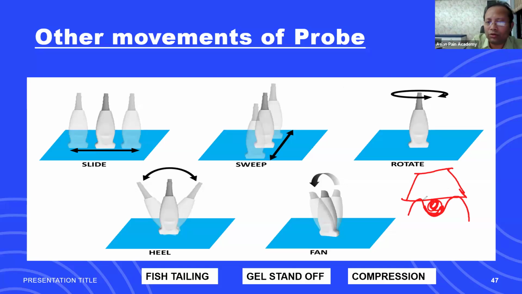So what you can do is fill the area completely with gel. You can put gel like this. So this part will be filled with gel, and there is no air gap. So this is called gel standoff.